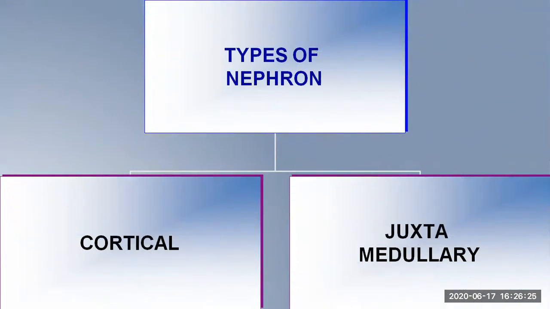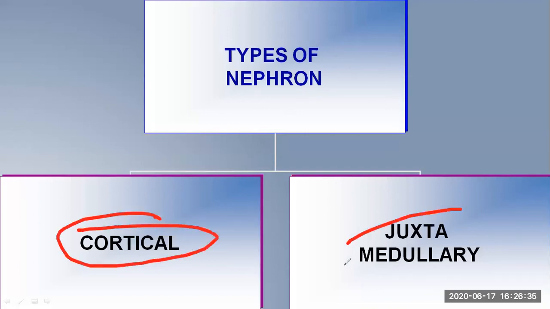Now we will see the types of the nephron. There are two different types of nephron found. First is called the cortical nephron, another is the juxtamedullary nephron. Juxtamedullary means it is located near the junction of the cortical and medullary region.